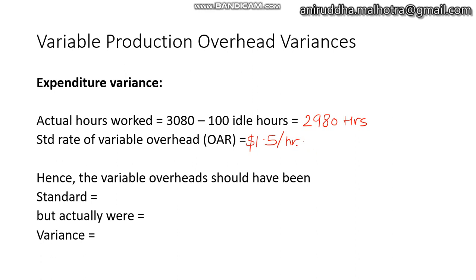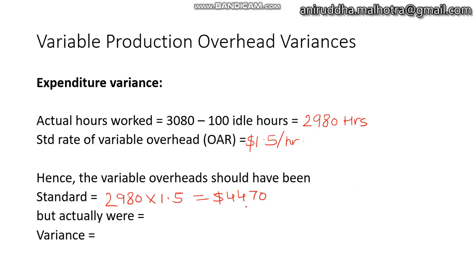Hence, the variable overheads for 2980 hours should have been how much? If you calculate this, you should get $4,470.